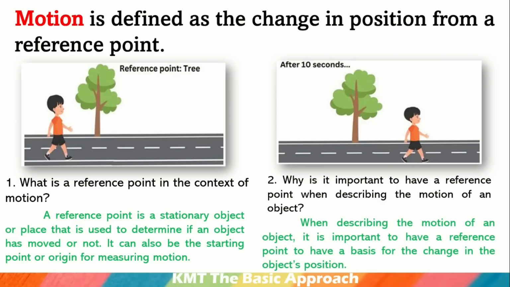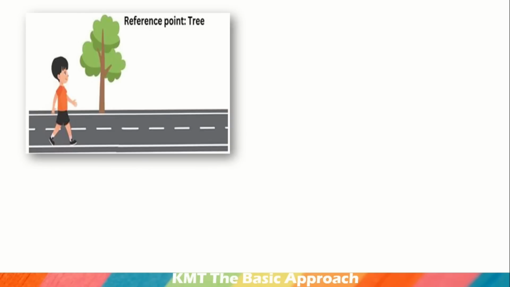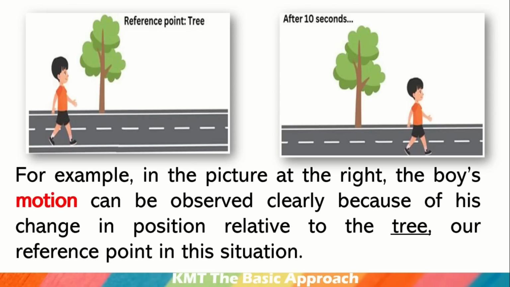When describing the motion of an object, it is important to have a reference point to have a basis for the change in the object's position. For example, in the picture at the right, the boy's motion can be observed clearly because of his change in position relative to the tree, our reference point in this situation.